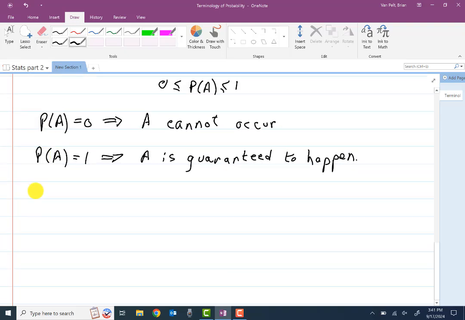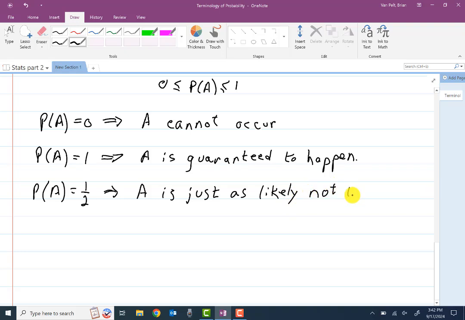If you have something like this, A is just as likely as not to happen, because the probability of it not happening also happens to be 1/2.